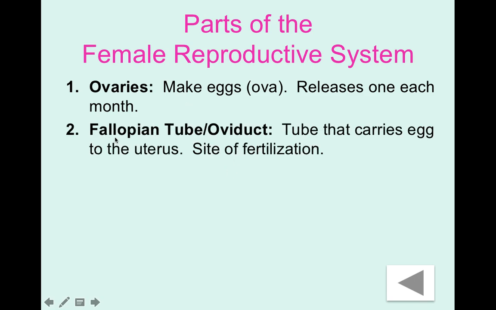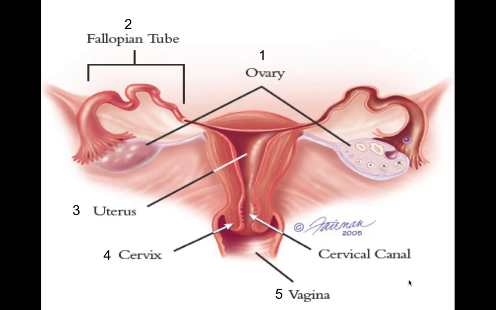So we talked about the fallopian tube, also known as the oviduct, and that tube carries the egg to the uterus, where the egg could be fertilized. We're going to get more into that in our next unit when we show the development of an offspring. So if an egg is released, it is going to be released into one of the fallopian tubes, and you would want fertilization to occur somewhere early on in the release.